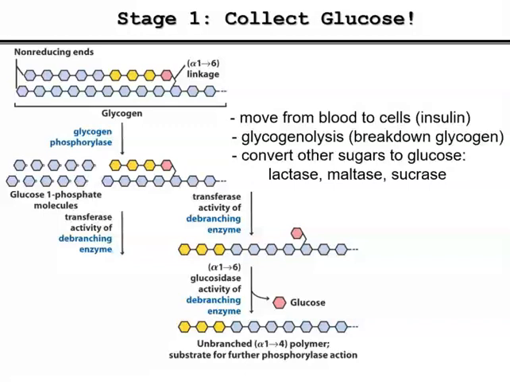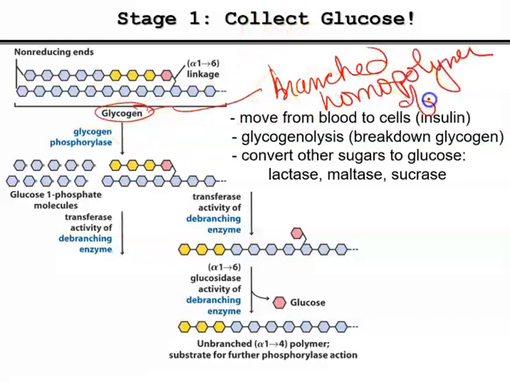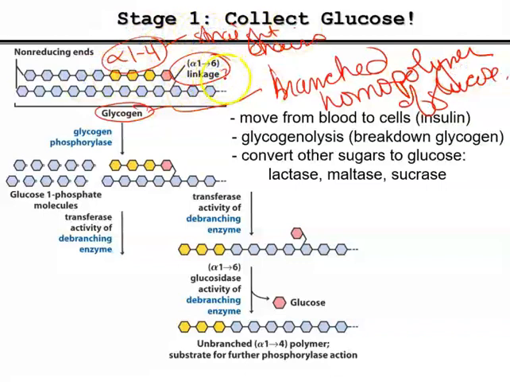This graphic is showing you how glucose can be liberated from glycogen, which is a branched homopolymer of glucose. And we have alpha 1,4 linkages along the straight chains and alpha 1,6 linkages at the branch points.